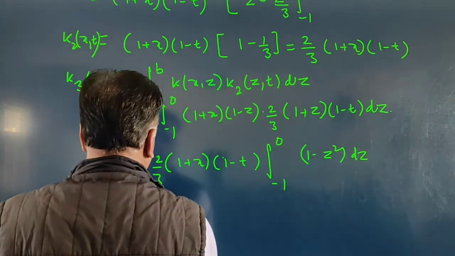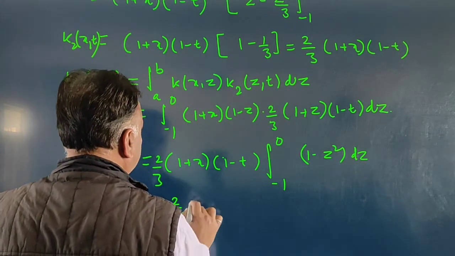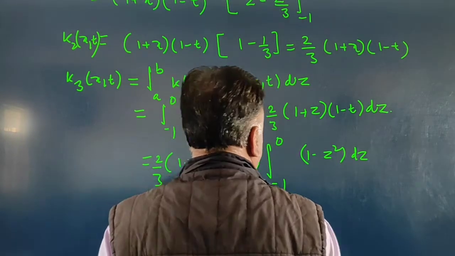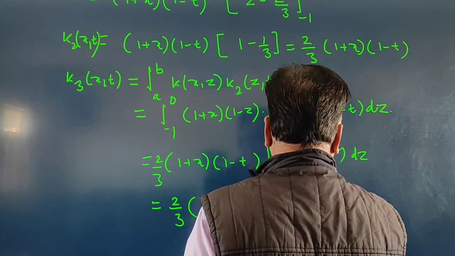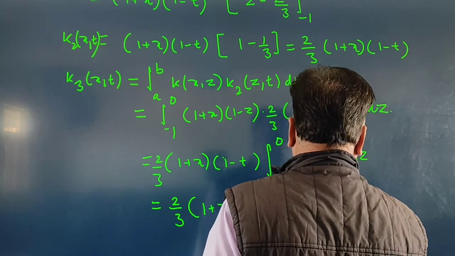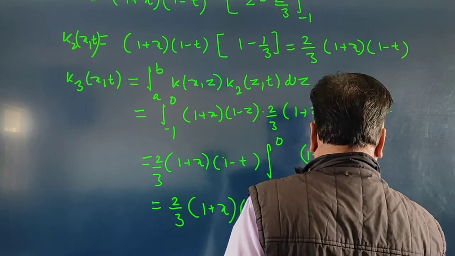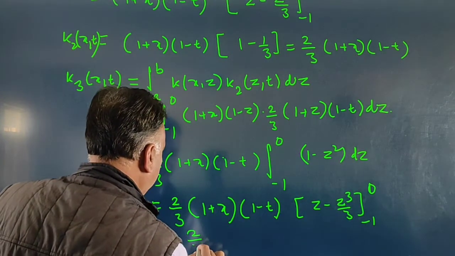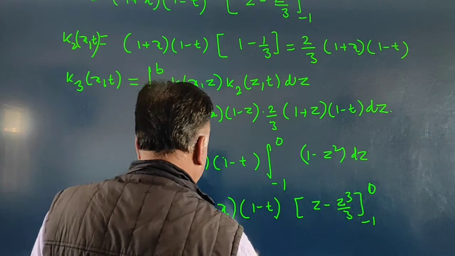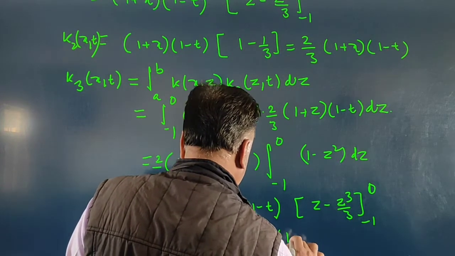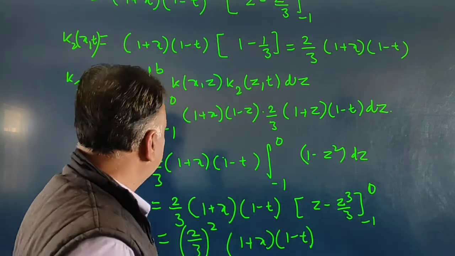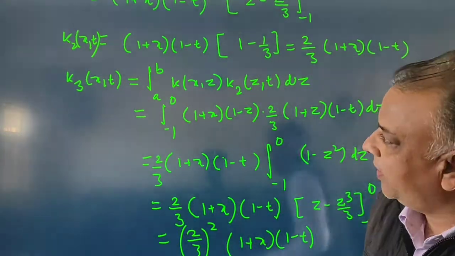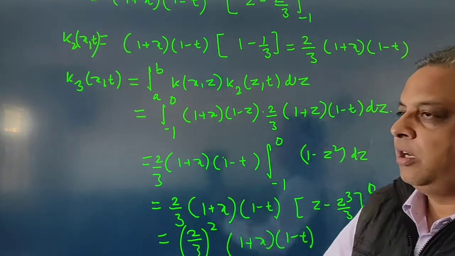If we integrate this, we get 2 by 3 (1 plus x)(1 minus t) into [z minus z cube upon 3], and the limits are minus 1 to 0. Putting these values, we get (2 upon 3) whole square into (1 plus x)(1 minus t). So in this manner, we find the subsequent iterated kernels k1(x,t), k2(x,t) and k3(x,t).